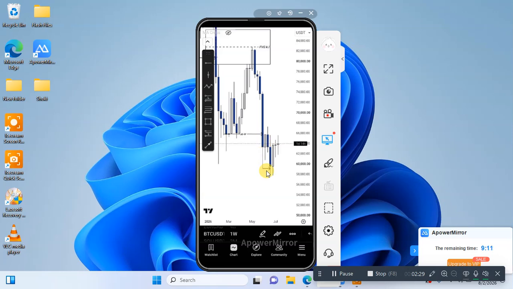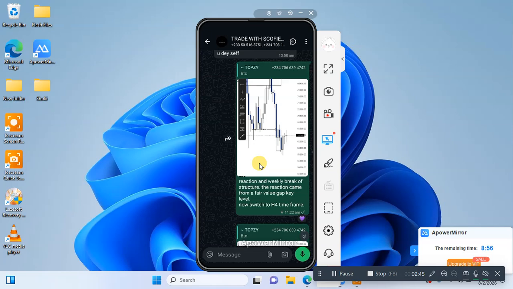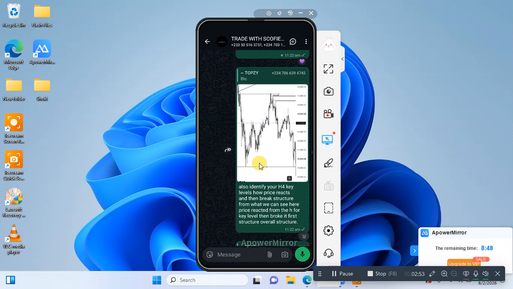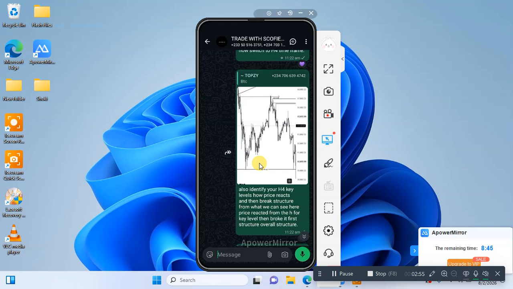Then after the weekly break, you see how price reacted again here and dropped. So I was trying to explain that reaction came from a weekly fair value gap and broke the structure, like a structural break, not a candle break. Then I said switch to the H4 time frame, and on the next slide I said also identify your H4 key levels, how price reacts, and then breaks structure.